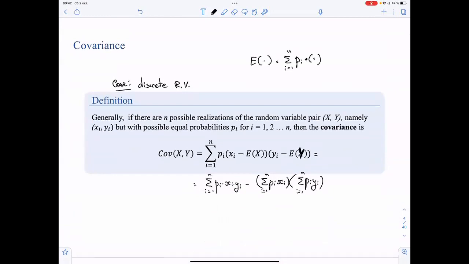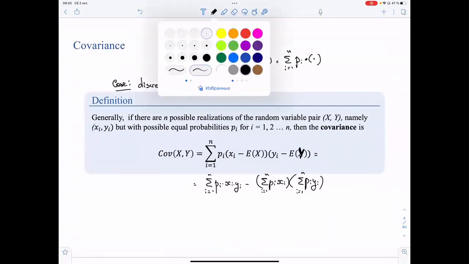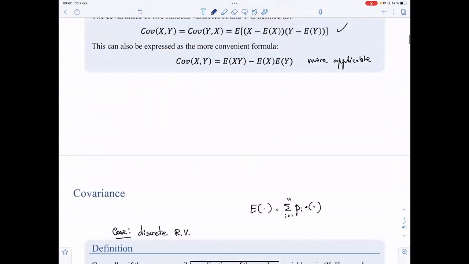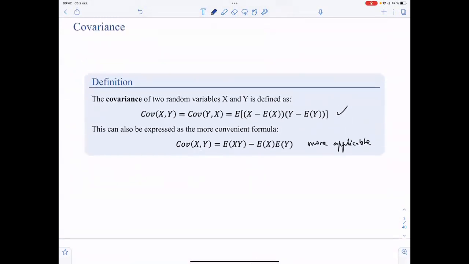Going back to the properties of the covariance, I'd like to highlight the following. The covariance of X with itself gives you the expectation of X squared minus the squared value of the expectation, and that is the formula of the variance.